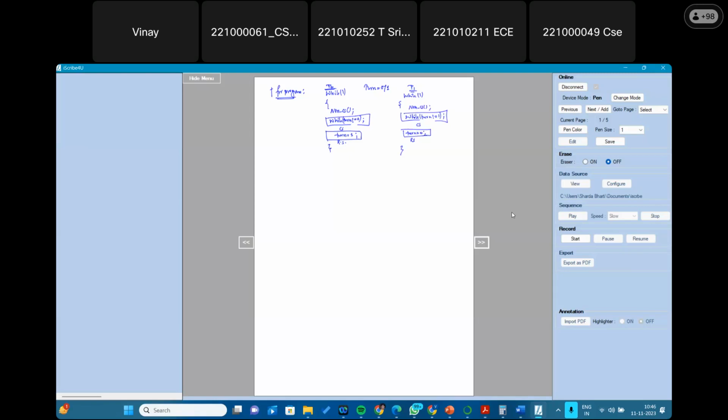Okay. What progress says is that if there is no process inside the critical section, and any process is willing to go to its critical section, it should be allowed.